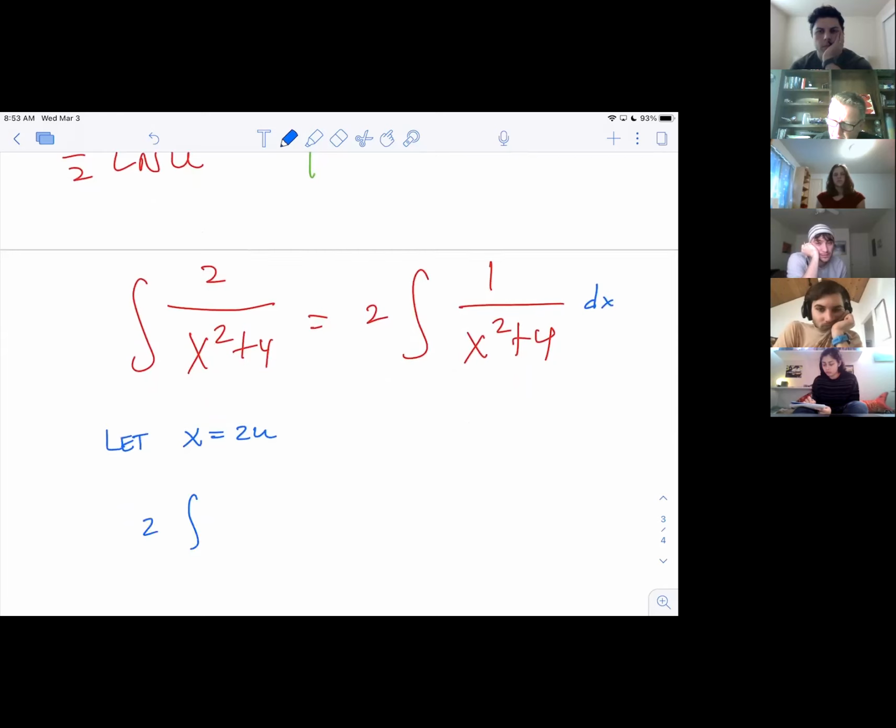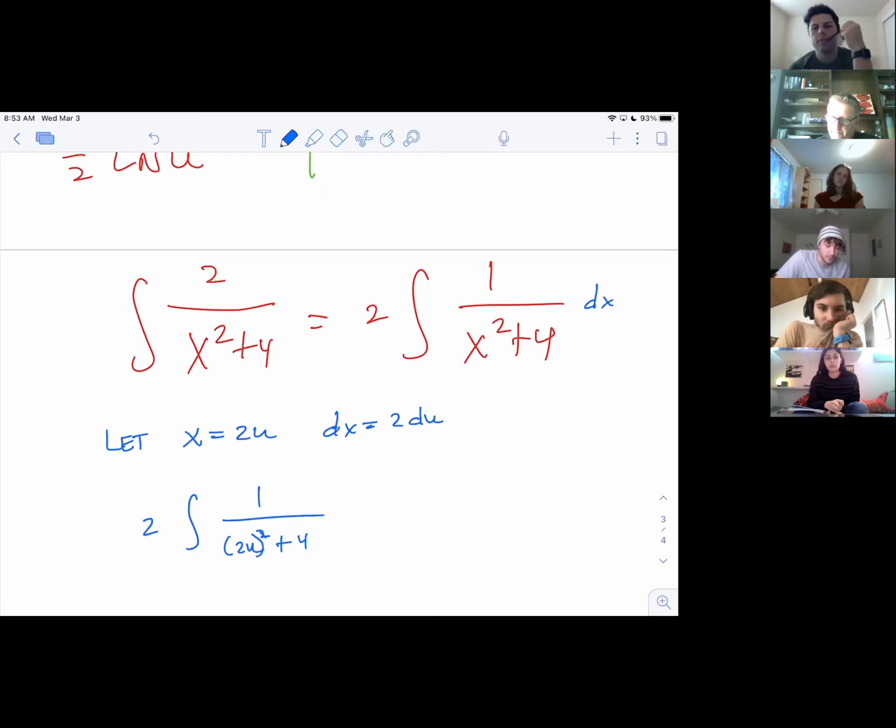So if I replace that x now with 2u, that would mean du equals dx divided by 2. Actually, I was more going towards the fact that you can pull the 2 out.